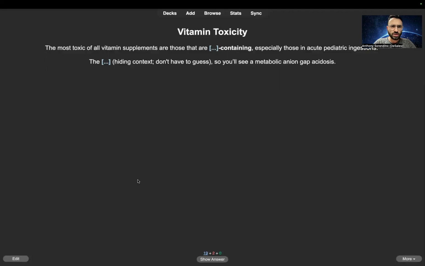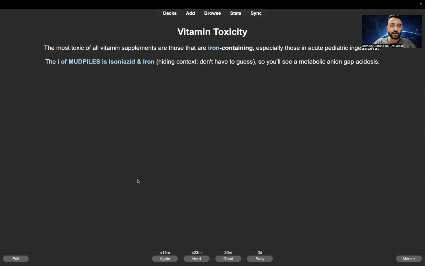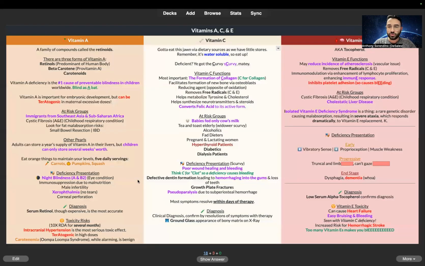Vitamin toxicity, the most toxic of all. Would that be like a calcitonin issue maybe? Most toxic of all vitamin supplements are those that are iron containing. So you'll see a metabolic anion gap. Okay. Truncal and limb ataxia. So you can't gaze upward.